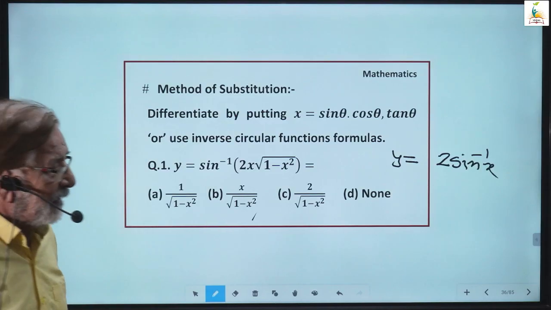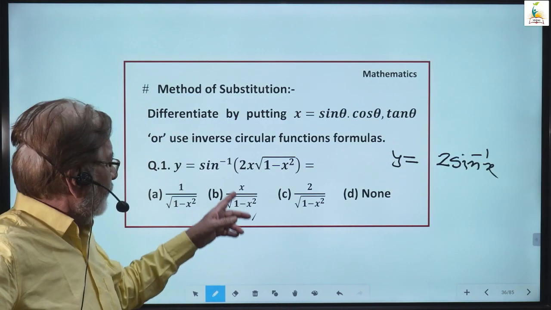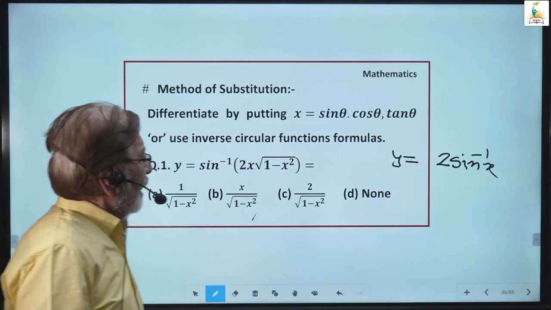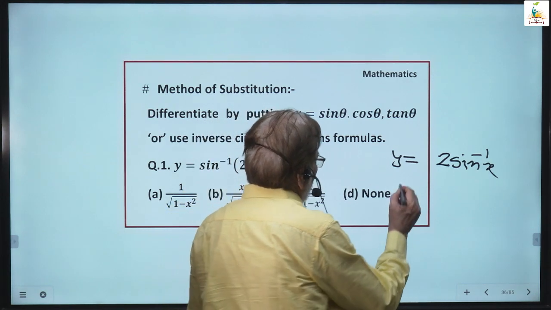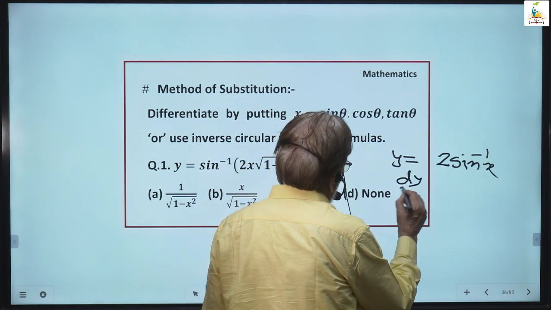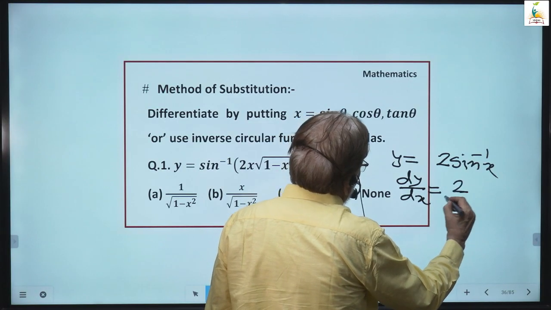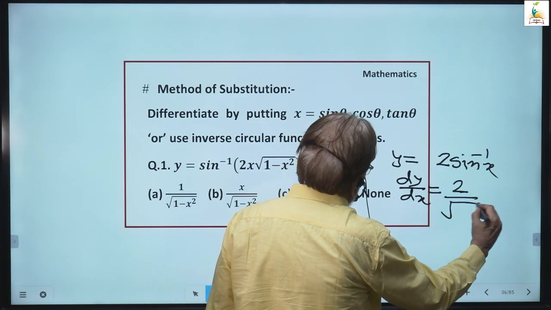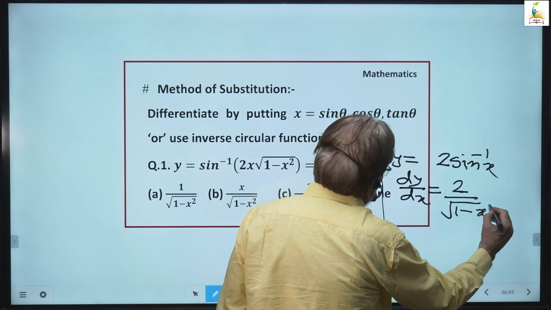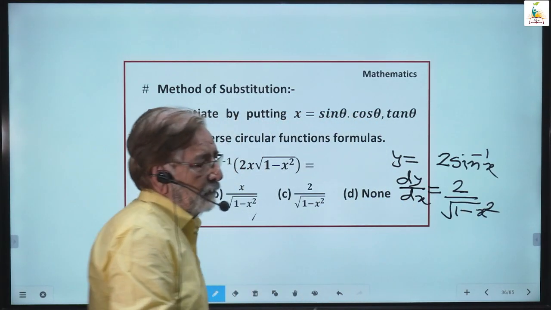This is the first method to do the question. Second method, dy upon dx will be equal to. It is better that you remember the formulas so we can differentiate the function immediately.